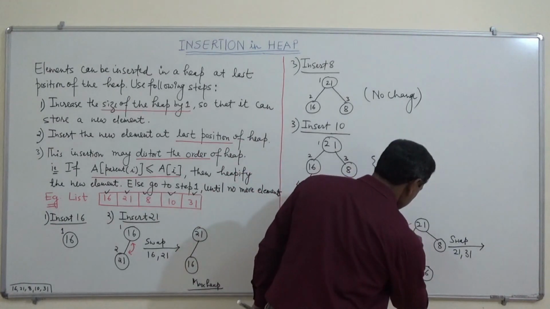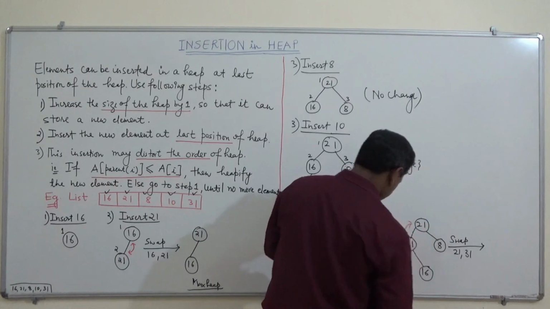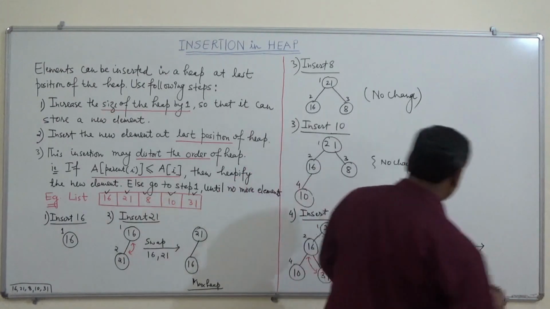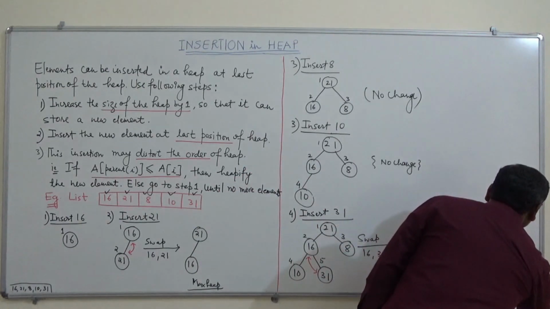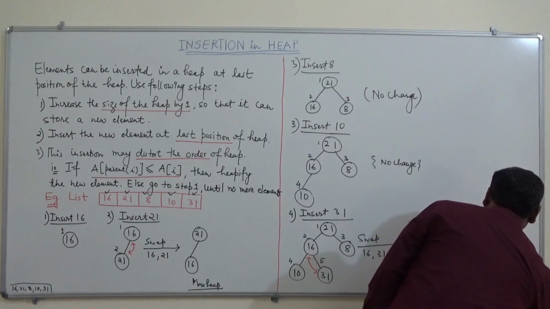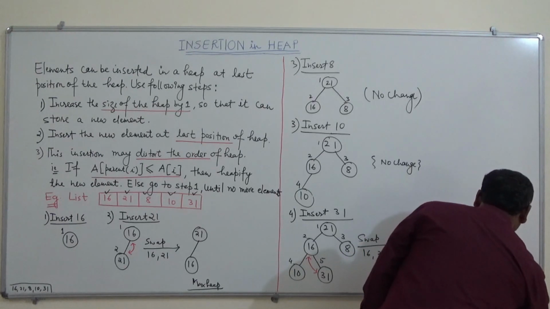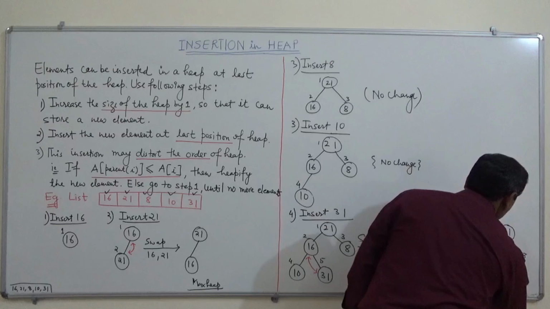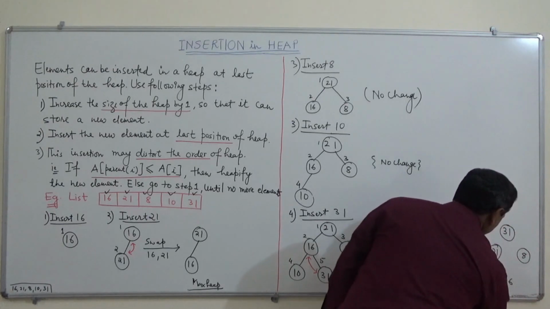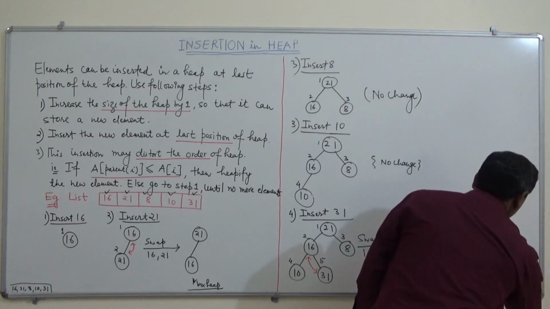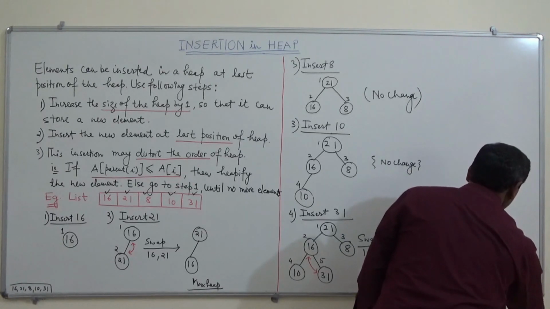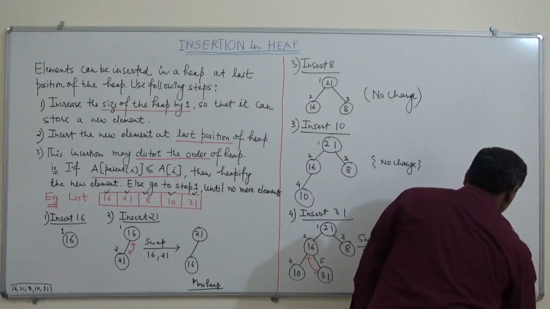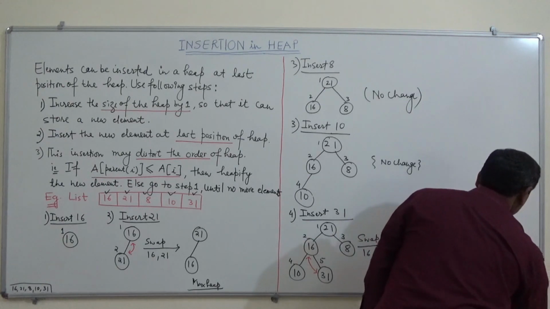So it comes out to be 31 at the top, then 21, then 8, 10 and then 16. Like this. So this is first element, second, third, fourth and fifth.